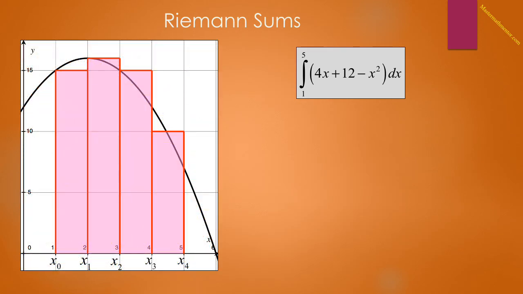We will create 4 rectangles of equal base in our examples. Since we are interested in the area from 1 to 5, and there are 4 rectangles, the base of each rectangle is luckily 1. Such a simple value for the base won't always occur, so in general let's call the base b.